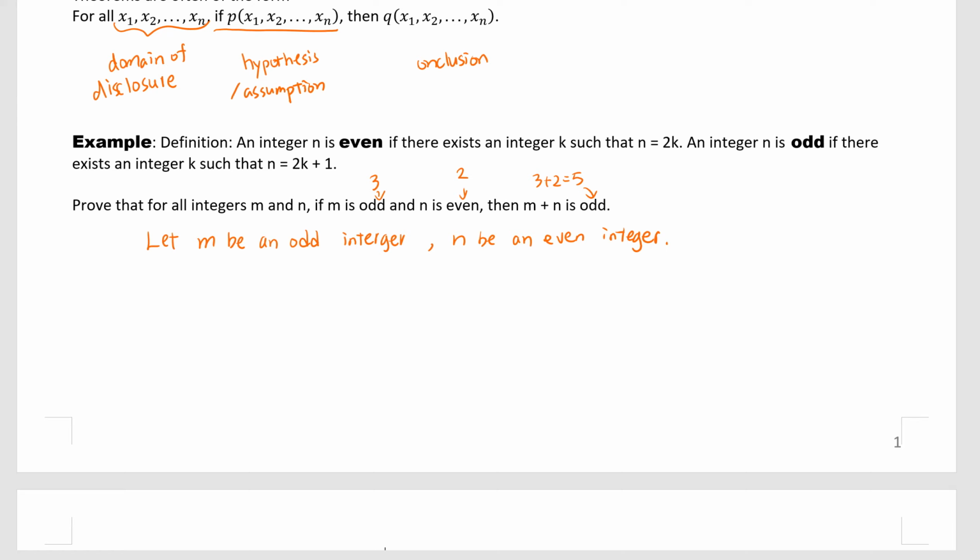We want to define our m and n, and then look at the information. Because m is odd, what does it mean by saying it is odd?